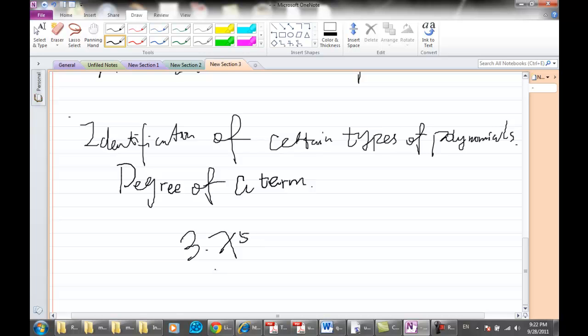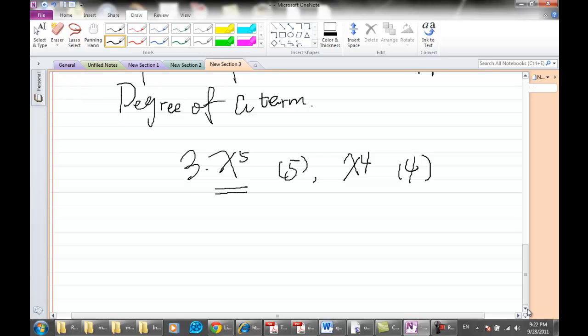In this case, the degree of this term is equal to 5. And another one like x to the fourth power, the degree of the term is 4. If we have more than one variable presented as a factor, then the sum of the powers of the variables in the term is called the degree of the term.